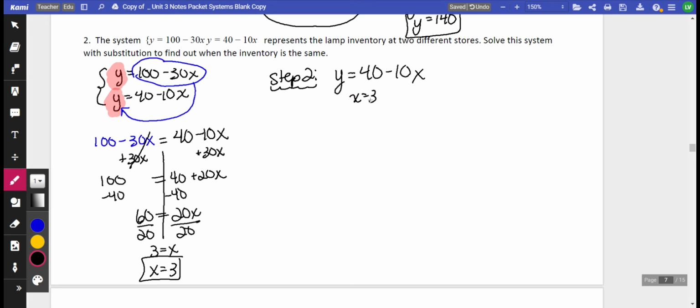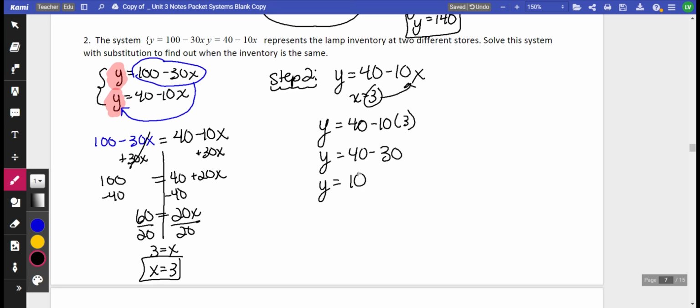I'm going to substitute in 3 for my x. Again, I got my 3 from step number 1. So the equation becomes y equals 40 minus 10 times 3. So y equals 40 minus 30. y equals 10. So the ordered pair is 3, 10.